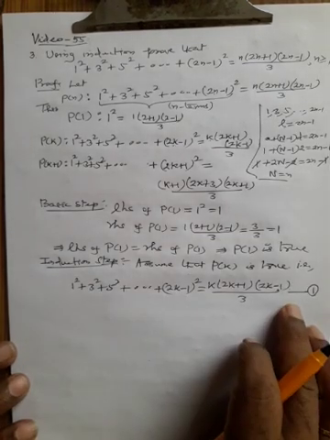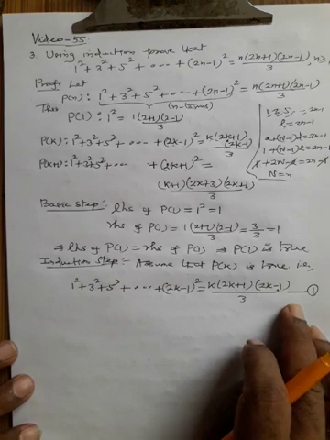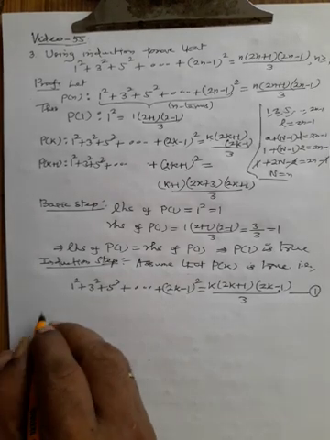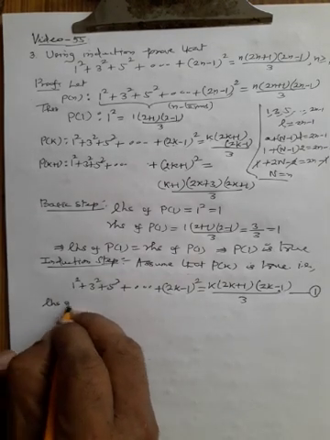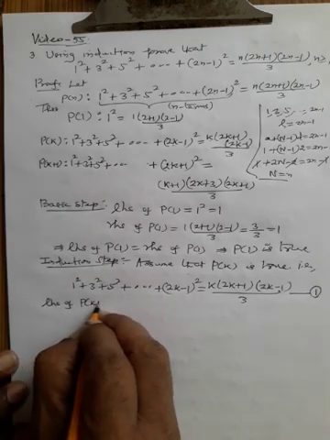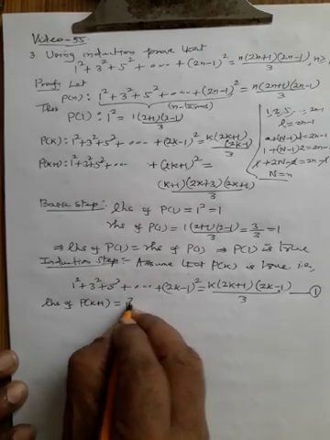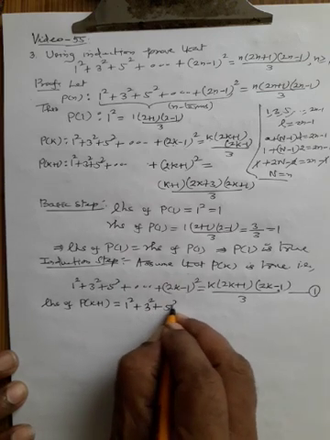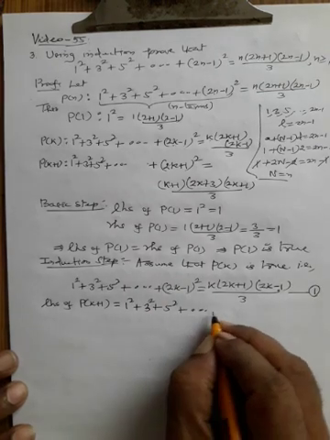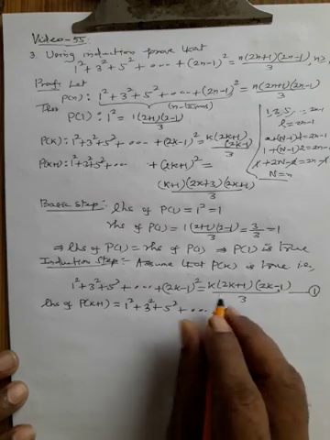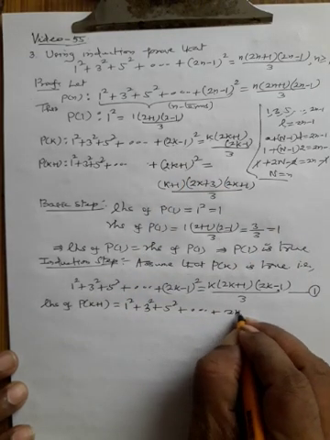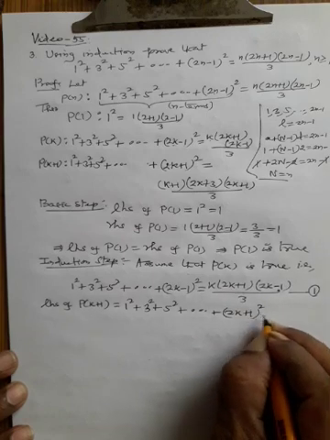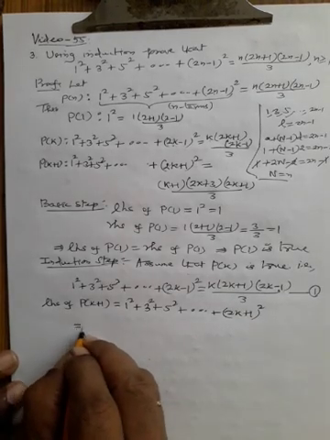Now using this equation number 1, we will have to prove the validity of P of k plus 1. So LHS of P of k plus 1 equals 1 squared, 3 squared, 5 squared plus etc., ending with (2k plus 1) the whole squared.